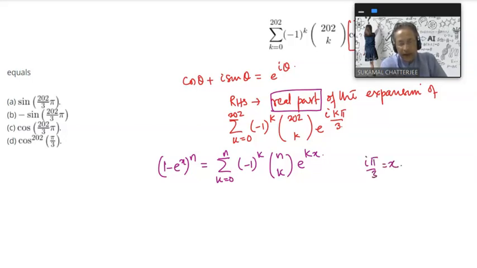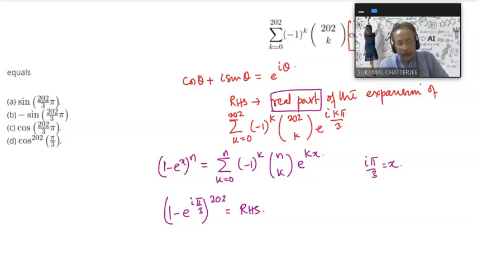So I can write this as 1 minus e to the power i pi by 3, to the power 202, which is the given expression, the right hand side.